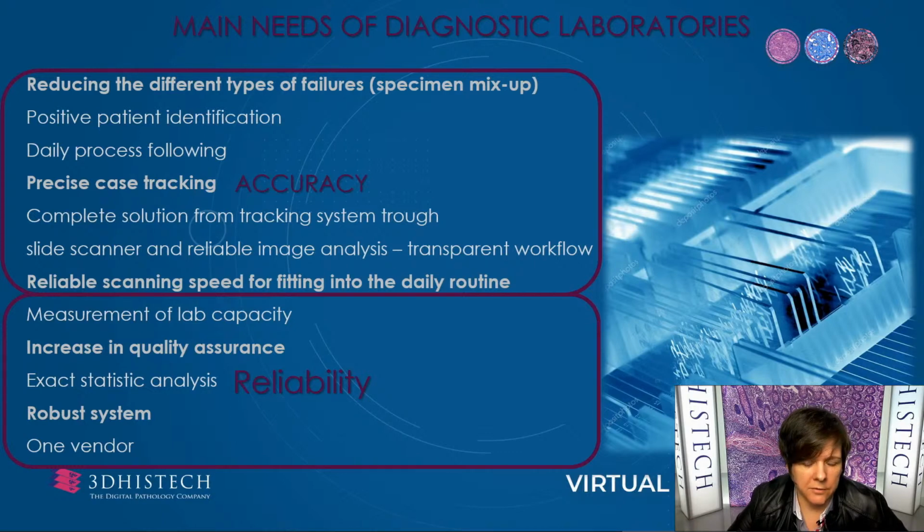Without reliable scanning speed, the daily routine workflow cannot be ensured. We must assist in measuring the capacity of a lab, and digitalization can be of help to increase the level of quality assurance. A reliable system is needed by a diagnostic lab.